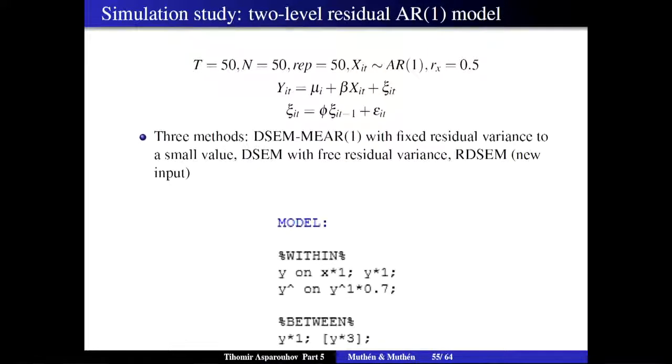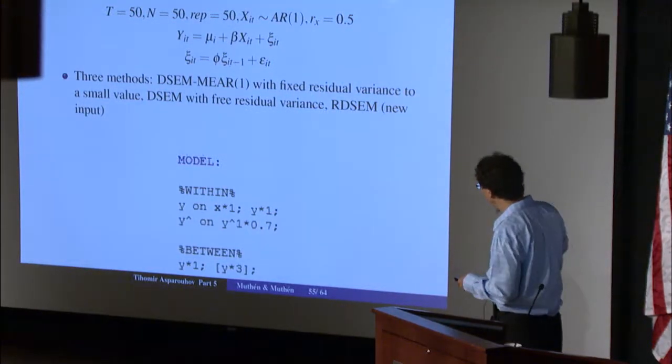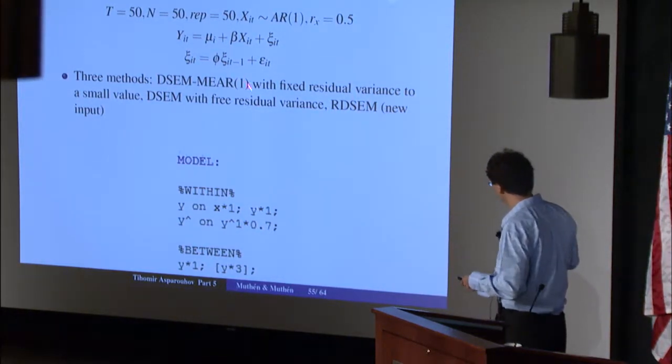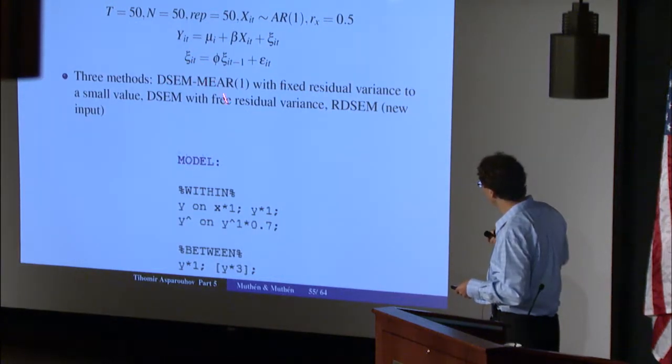So here's another simulation where I'm going to illustrate that you can estimate the residual AR1 model in version 8, without the DSEM framework, which will come in the next version, using the MIR1 model and fixing the residual variance to 0.